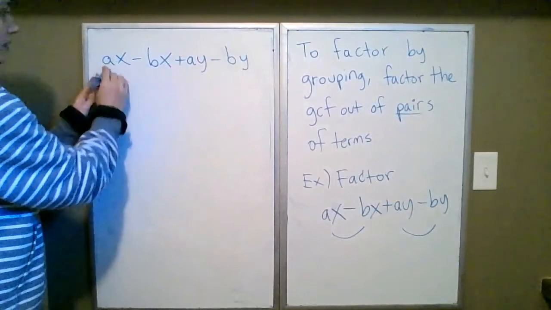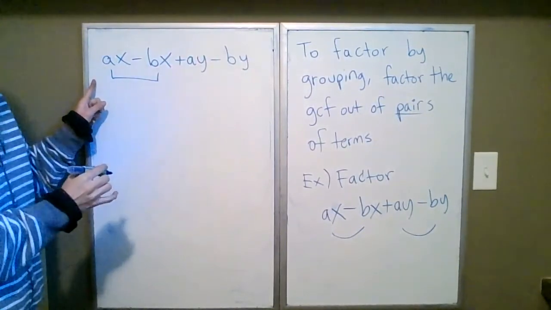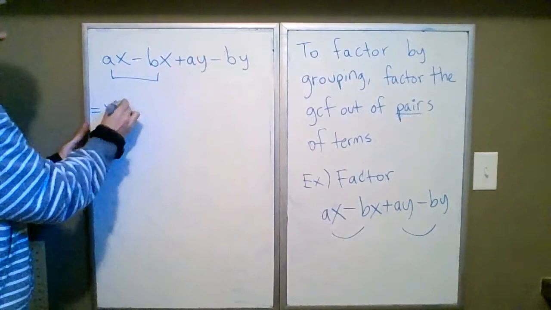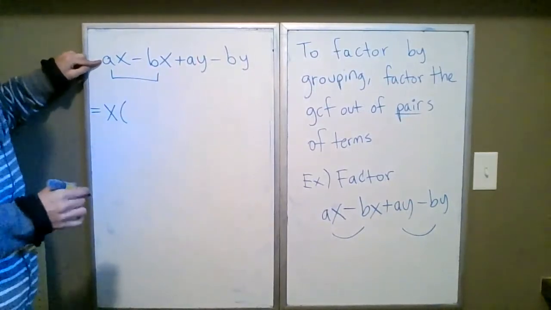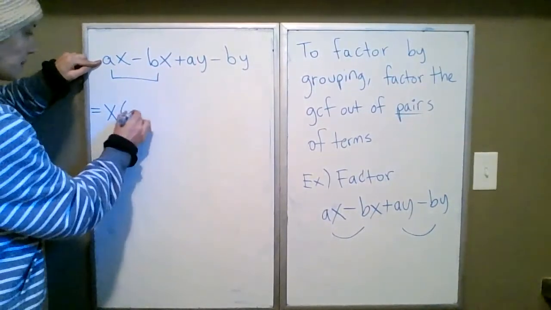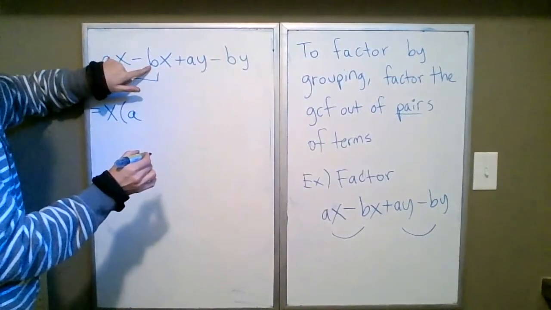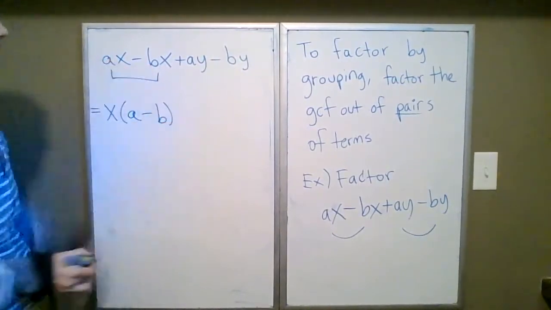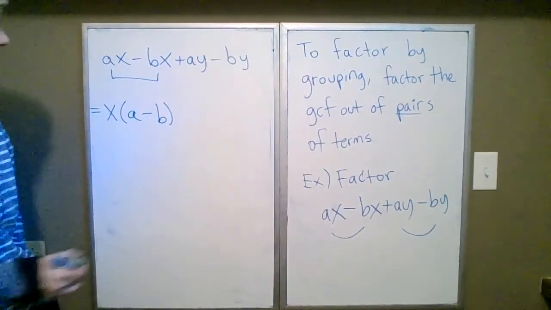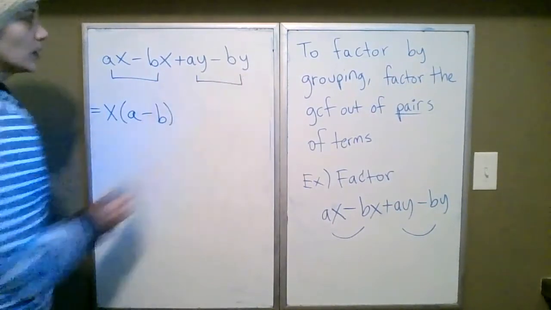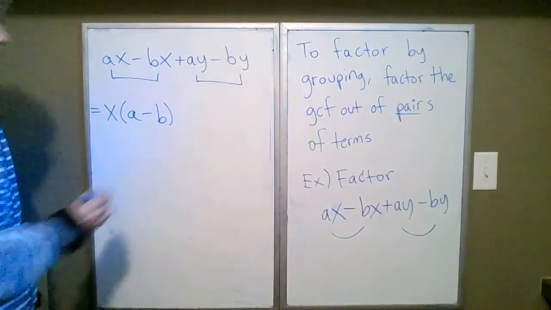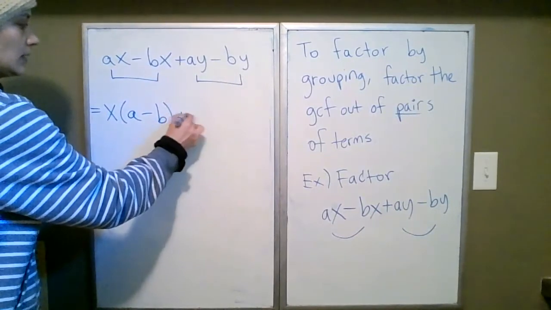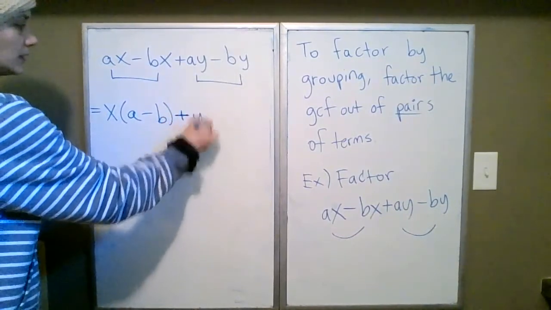So again, from these two, from that first term, what's left behind is an a. Factor x from bx, and it leaves b. From this pair, we're going to factor out positive y.